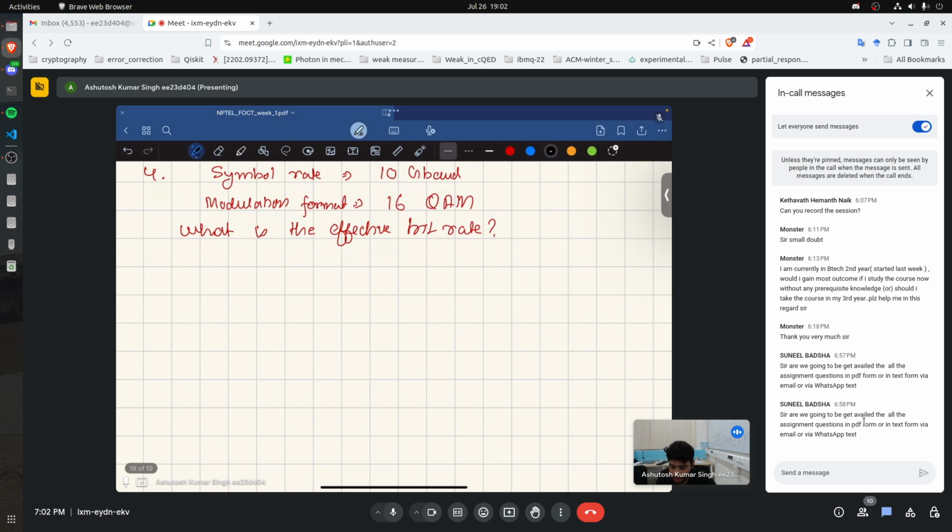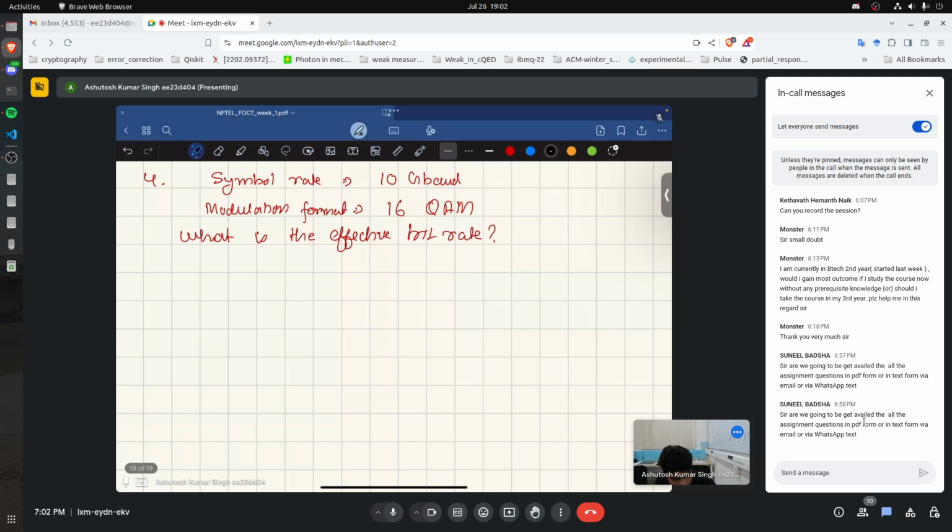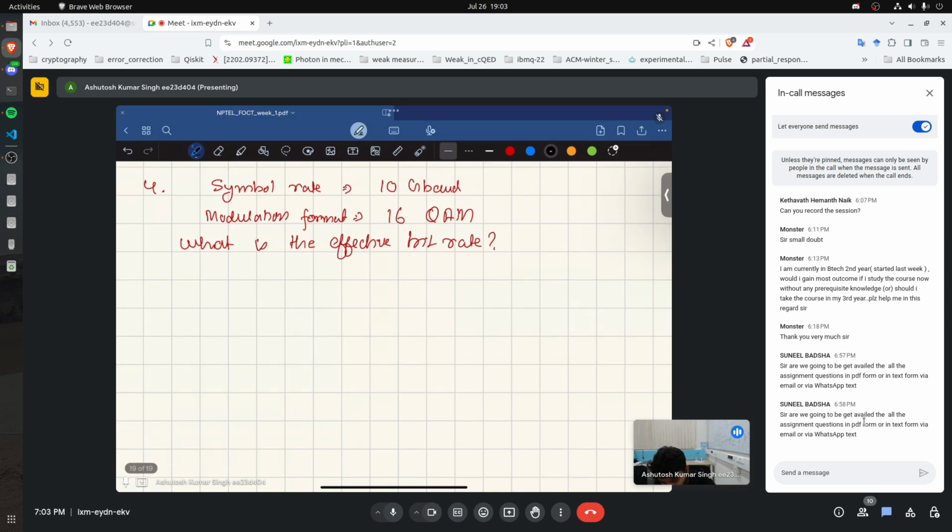I have been given symbol rate and modulation format, and asked for the effective bit rate. Now 16 QAM using 10 gigabaud. QAM is quadrature amplitude modulation, and 16 is the quantization number.